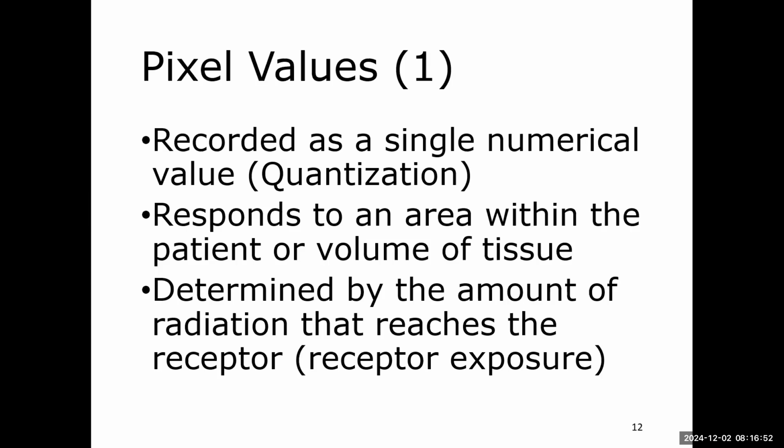So every single pixel in your matrix is a location, just like if you have a table and you say, okay, look at row 5, column 3. That's a particular spot in that table. Same thing with the matrix and the pixels. Every single area in the digital image has pixels that represent the location in the image and a value that represents how much radiation that particular area received.